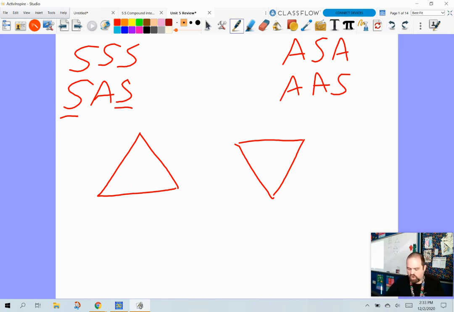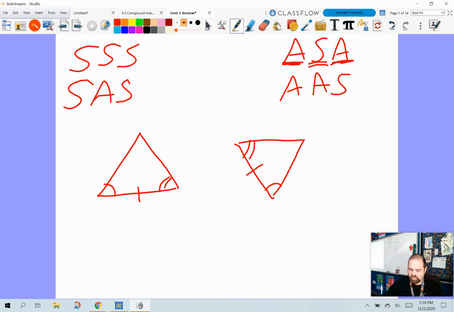So moving on, we'll go angle, side, angle. It's the same idea. I'm going to have two angles marked in each picture. So an angle here, an angle here, an angle here, an angle here. And then the side that's marked, again, is physically the side between those two angles. So I'm looking for this side here, congruent to this side here. Those two triangles would be congruent by angle, side, angle.